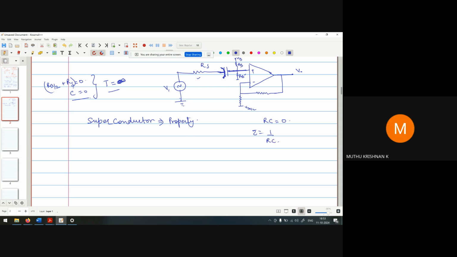The time constant is also RC, right? Time constant... we are taking 1 upon RC. This is not 1 upon RC.